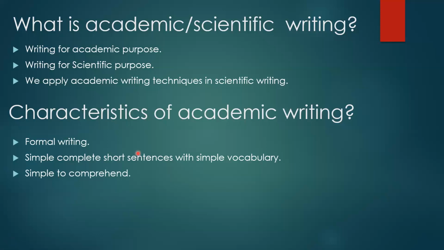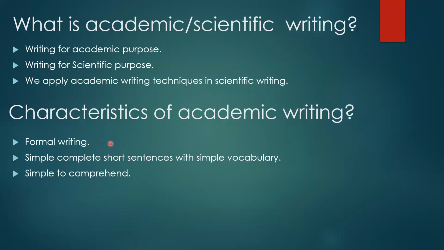Okay, so we look at the characteristics of academic writing. It has to be formal. A formal piece of writing means that you're not writing to a friend or to family members, because if you write to family members, then you can be casual. But if you're writing to your boss, if you're writing something that has to do with the university, or scientific publications or scientific reports, then you have to do formal writing.